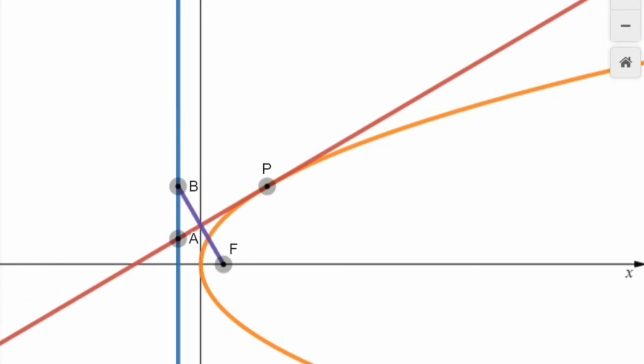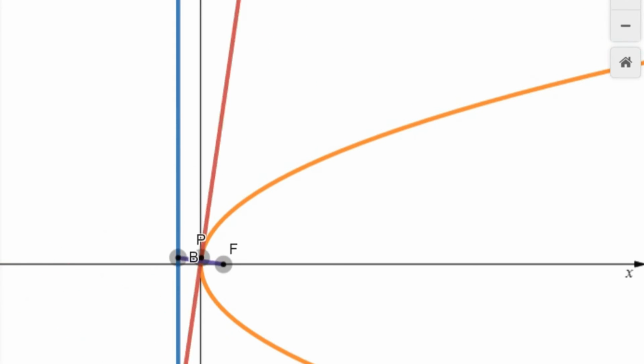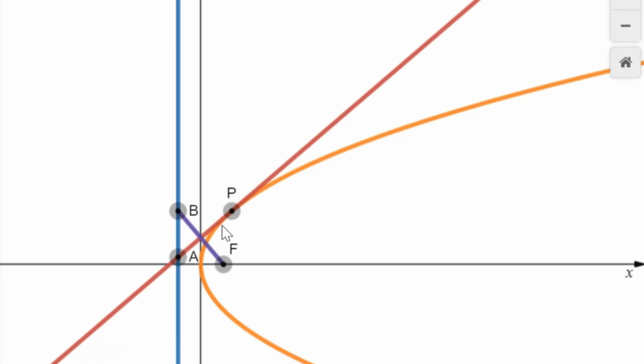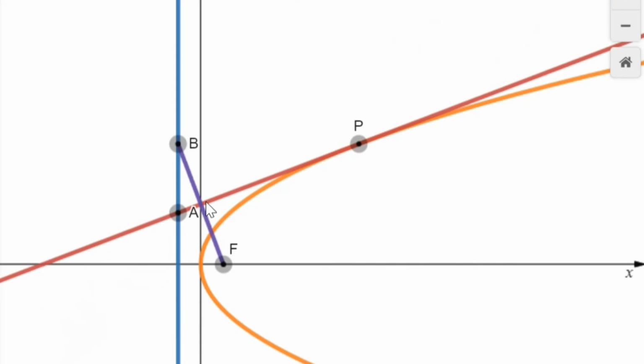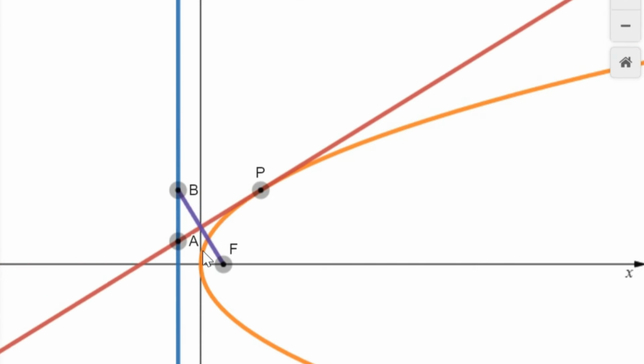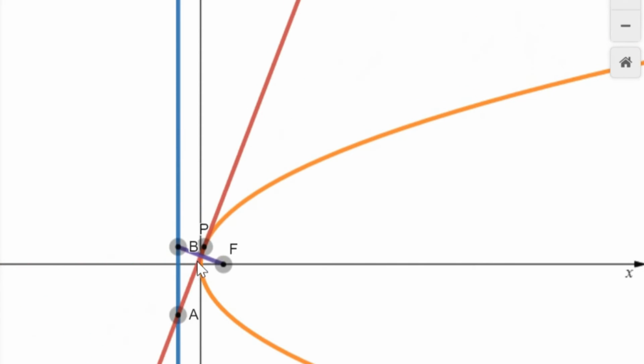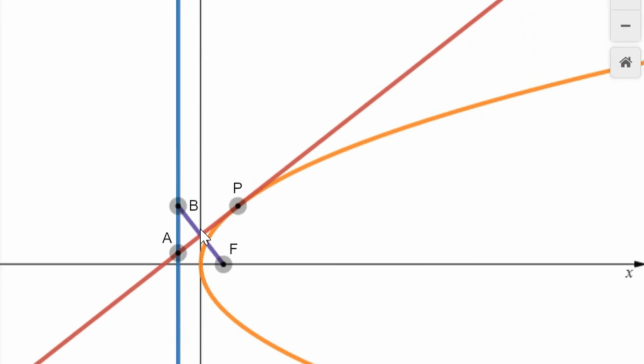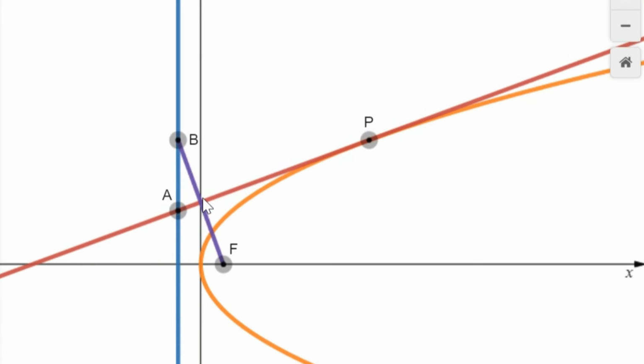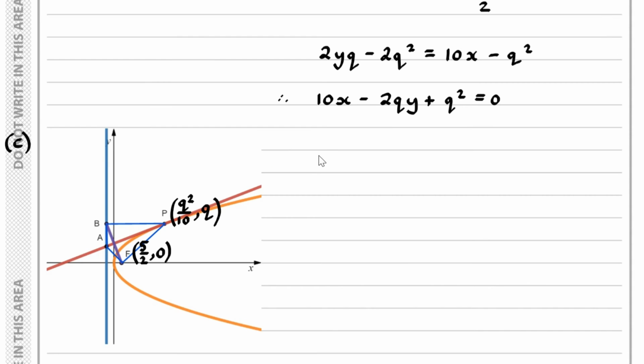So that is what's being demonstrated here. As q varies, this point of intersection would always lie on the positive y-axis. So here is that shown in this diagram.